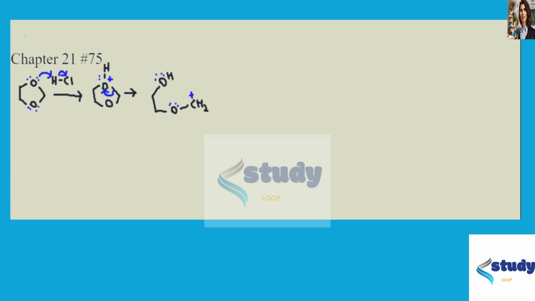And so that carbocation is what the nitrogen nucleophile from the other piece of this molecule is going to attack.